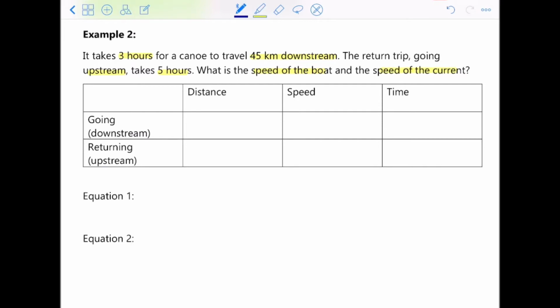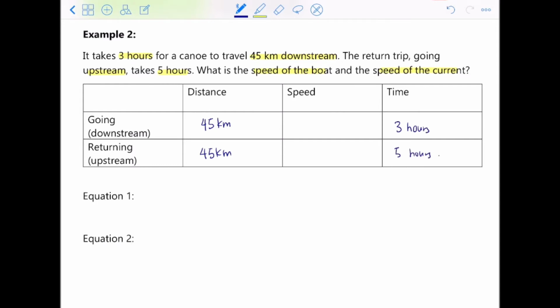We know that the distance will be 45 kilometers going and returning. The distance doesn't change. For time, we know it takes 3 hours going downstream and 5 hours going upstream.